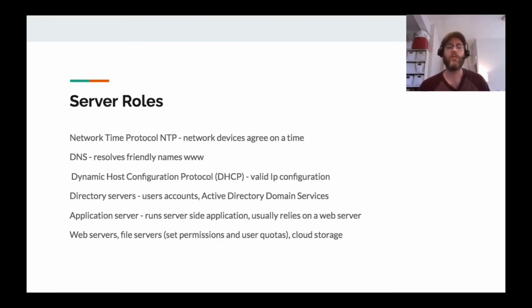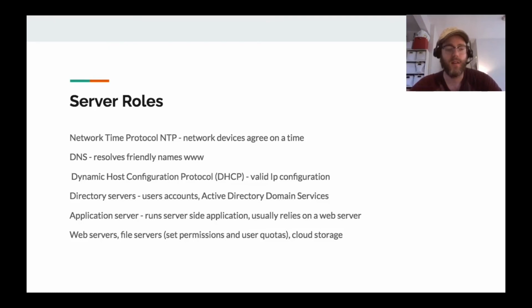Server roles. Your servers can have certain roles. You can have application servers that run an application that your users need to interact with. You can have web servers, which serve up a web page that your users will access. File servers, which share and store files. Cloud storage, that's big now with storing stuff.